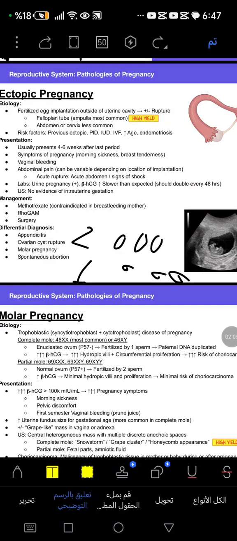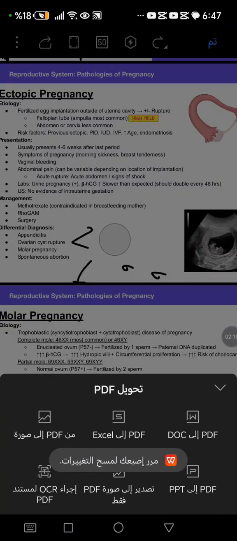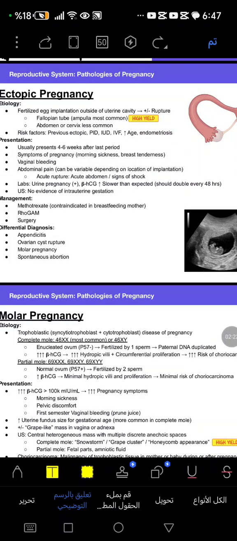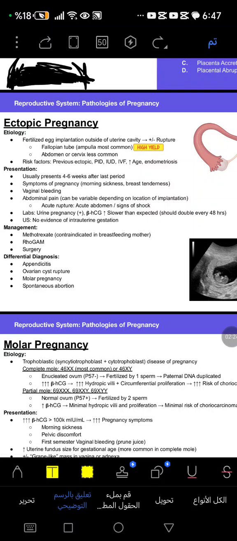If you don't see any fetal structure inside the uterus and your beta HCG is 6000 through abdominal ultrasound, you should suspect ectopic pregnancy again. Okay? Now let's explain what ectopic pregnancy is.